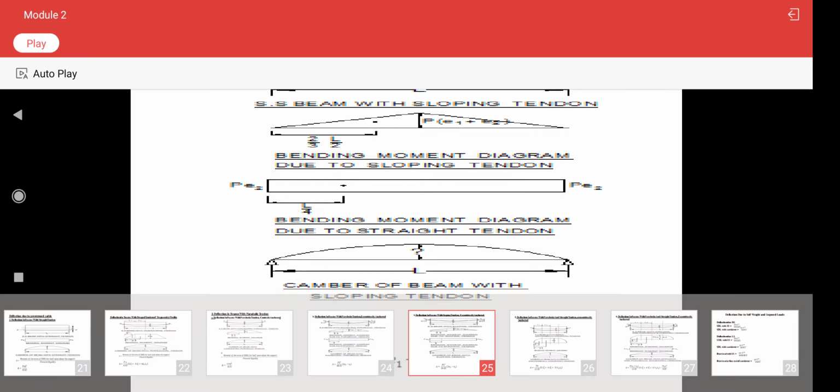So that is shown here for supports. So for this case, the deflection delta is equal to PL square by 24 EI into 2 E1 minus E2, where E1 is eccentricity at the midspan and E2 is the eccentricity at supports.